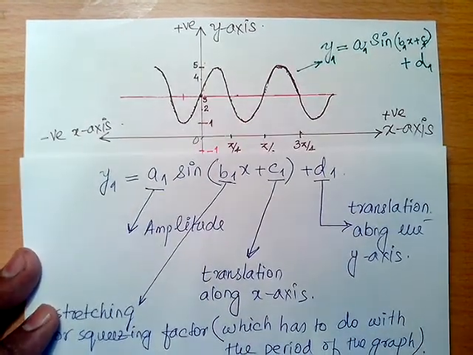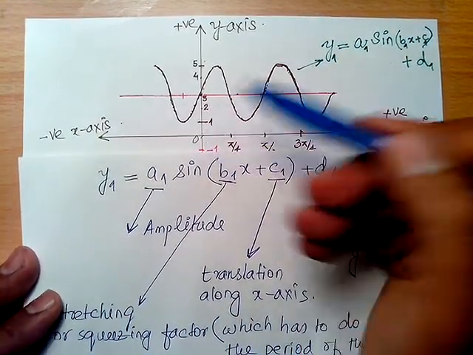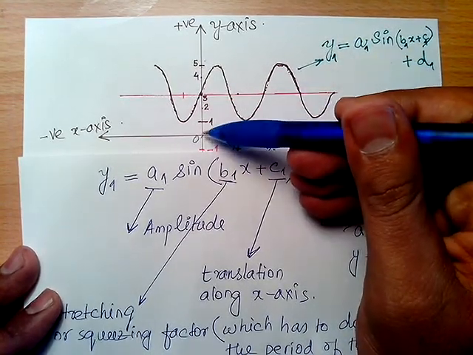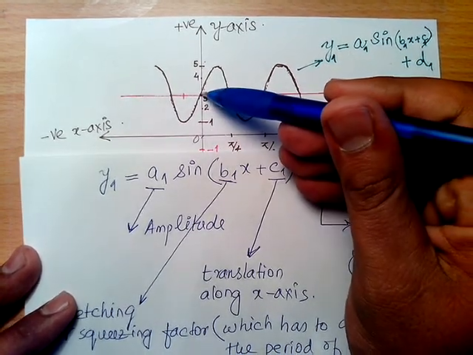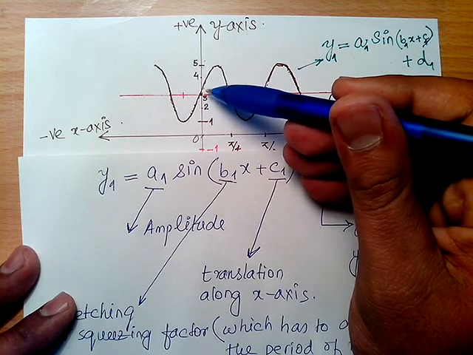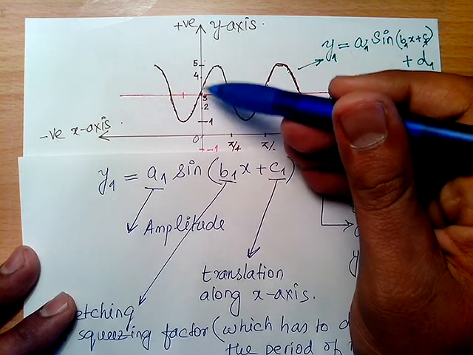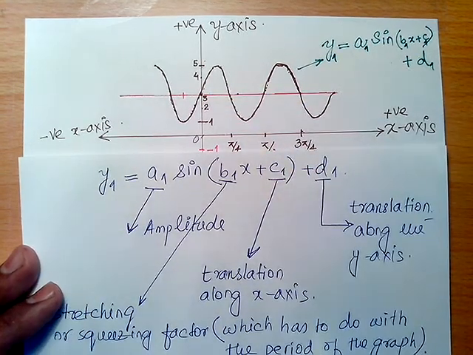And if you look at the graph, you see that of course this graph is translated by 3 along the y-axis, which is true.